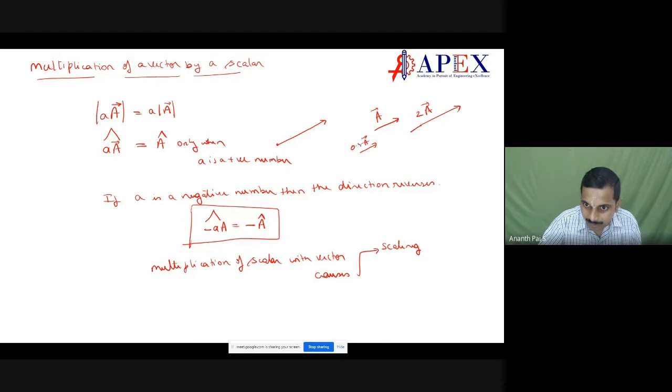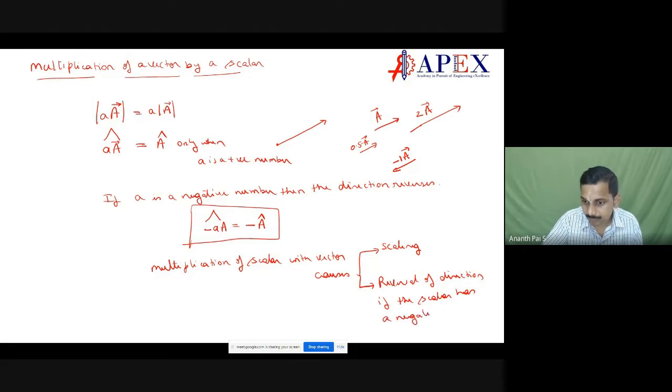Make sense? And another thing it can happen is it can reverse the direction. If it is like this, it may happen like this, minus 1 into a, okay? So scaling and a reversal of direction, if the scalar has a negative sign.